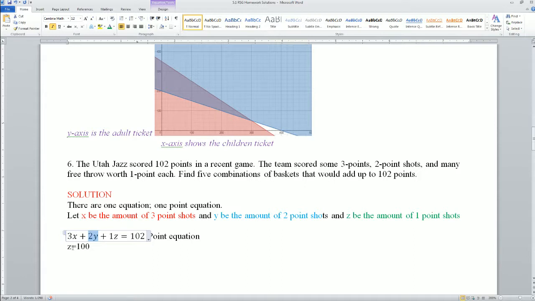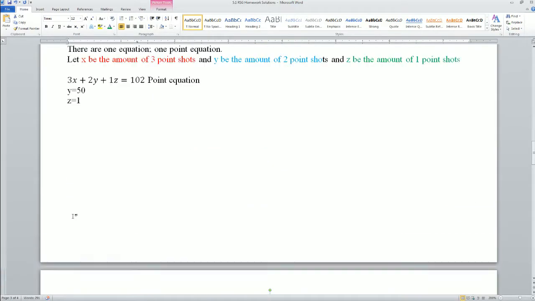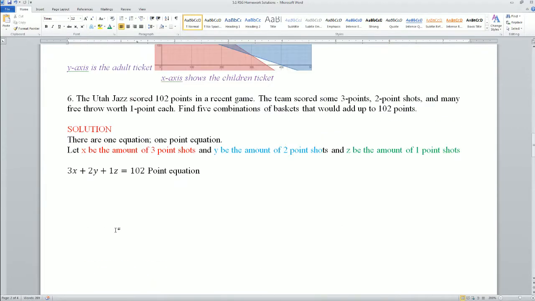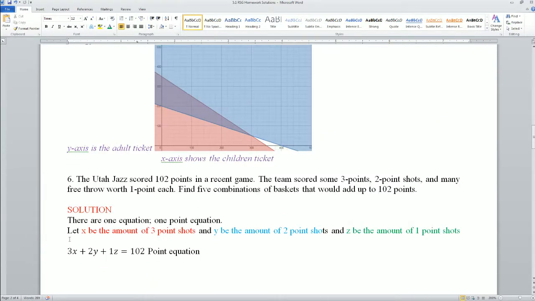Or I could do, let's say, y is equal to 50. That would give me 100 points, and no free throws, so I could say x is equal to 0. Those are just different combinations. So just try it out, but that would be the equation for it.